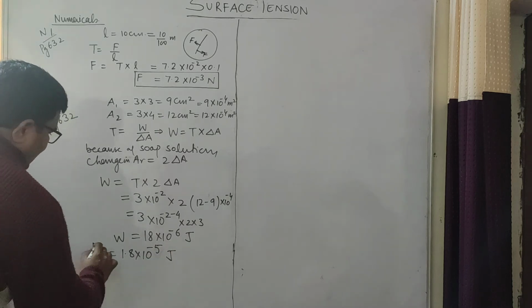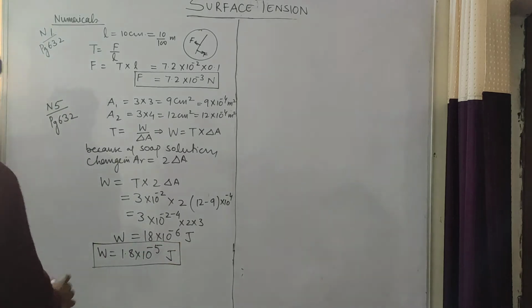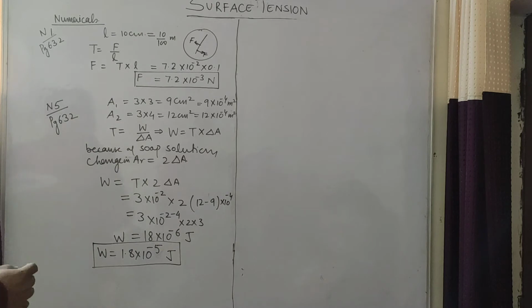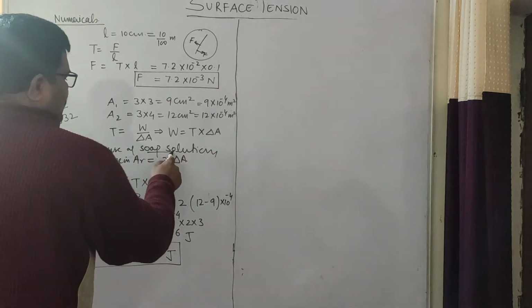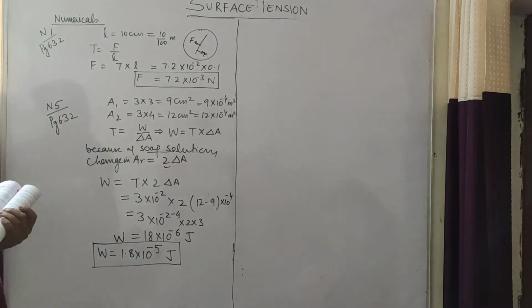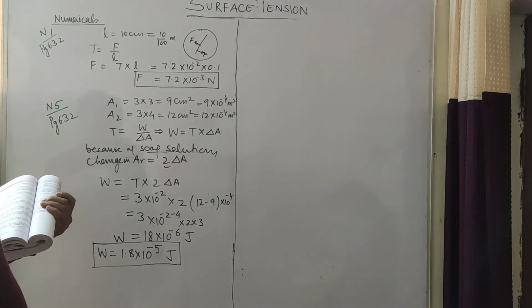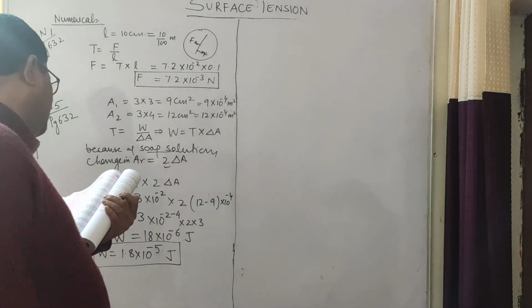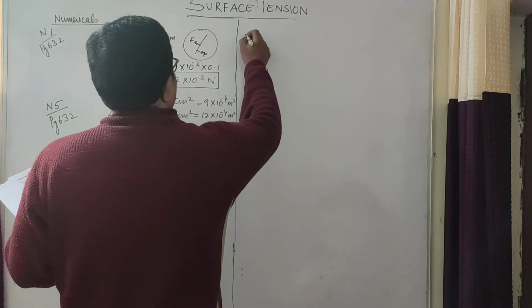This is the work done in this case. So be clear, if it is mentioned soap solution, the increase in area will be twice. This is numerical number 5. Now let us move on to the next numerical.